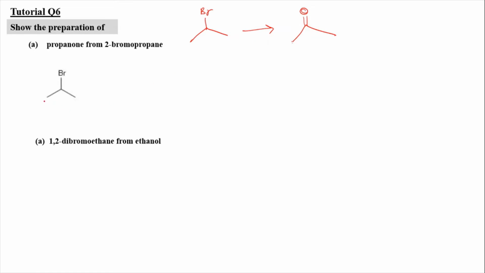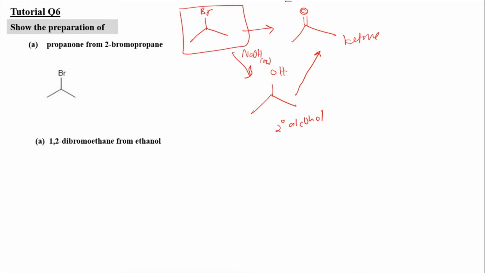So first what I can do is that maybe I can make it as a secondary alcohol first, where I'm going to replace my Br with OH. Okay, so I'm going to use NaOH aqueous, and then I'm going to oxidize my secondary alcohol into ketone. Okay, so this is the steps in order to get to the product. So it consists of 2 steps. Step yang pertama dan step yang kedua.